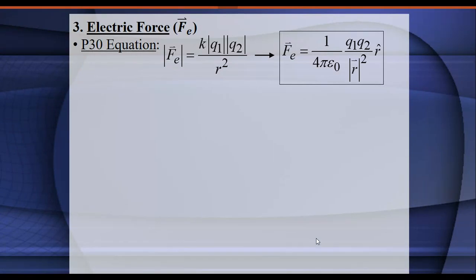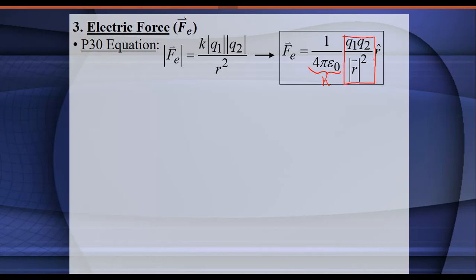Now, if I try to compare this to the Physics 30 equation, I only see a little bit of it. I see Q1 Q2 over r squared, but I seem to be missing k. Well, it turns out this whole part here, the 1 over 4 pi epsilon naught, is equal to Coulomb's constant.